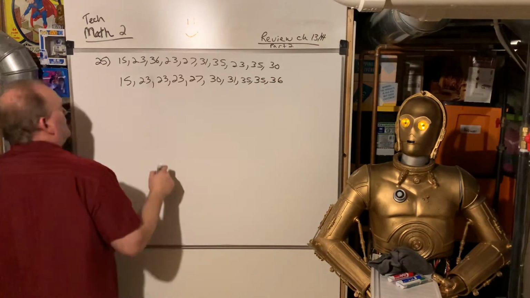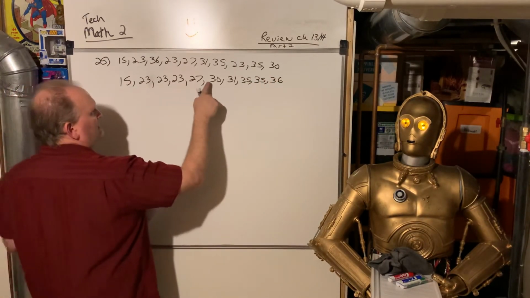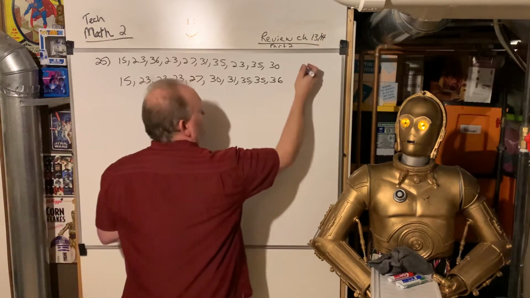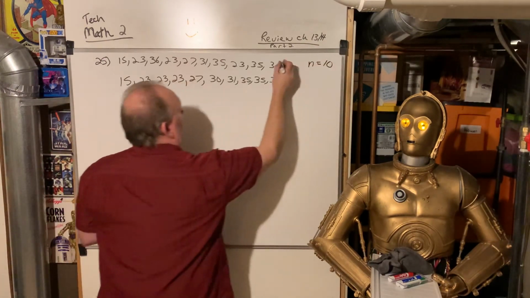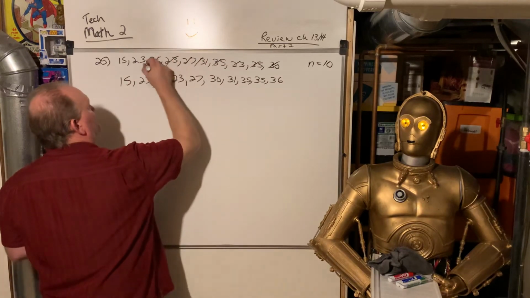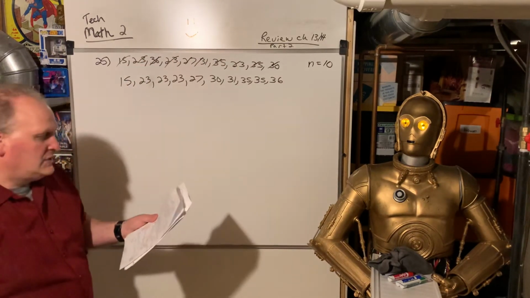All right? 1, 2, 3, 4, 5, 6, 7, 8, 9, 10. So n is equal to 10. And we got all of them. Lovely. So let's find the mean.